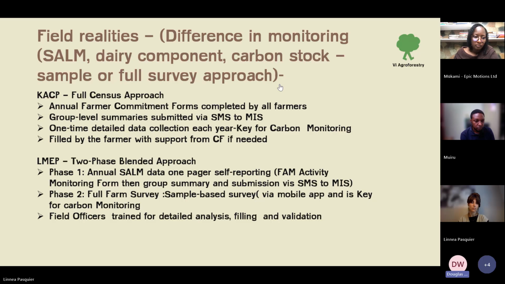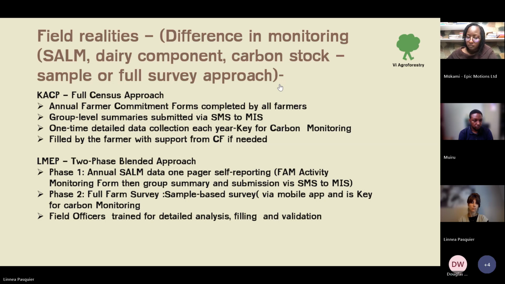One thing I also noted here is that this farmer commitment form is a one-time detailed data collection tool, and it is key for carbon monitoring, because the data we get from there is the one used for doing the MRV, and of course the monitoring.